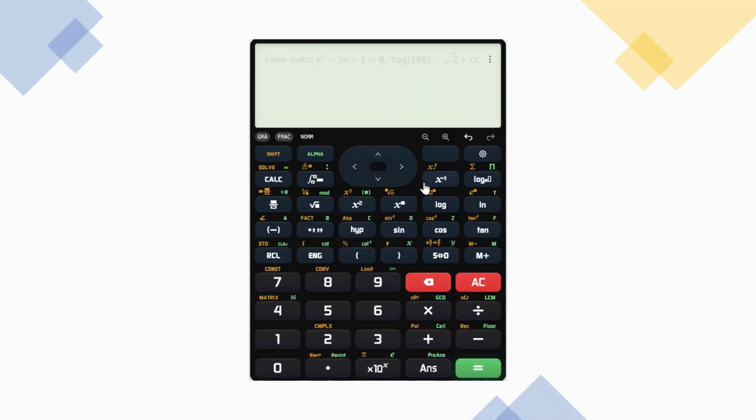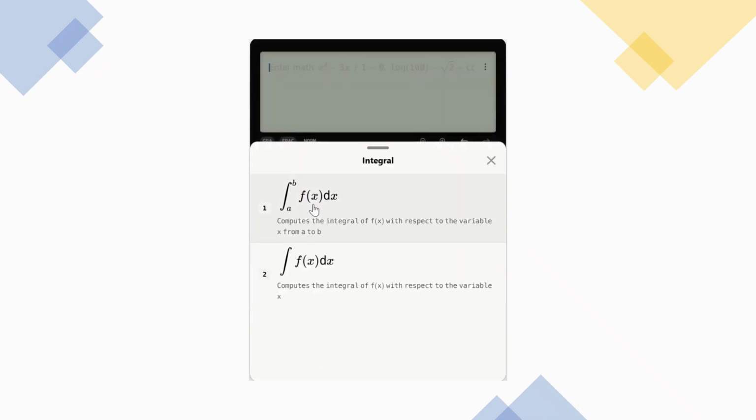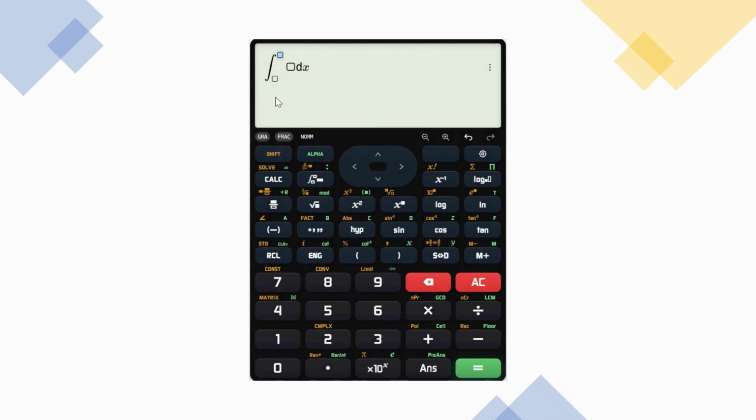Here is a quick demo on how to enter in the calculator. Click on the integral button. Lower limit, let's enter negative 2. And the upper limit, let's enter positive 2. Open the bracket. 7 minus x. How will you get x?